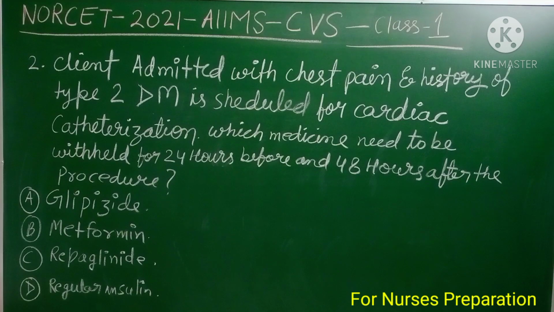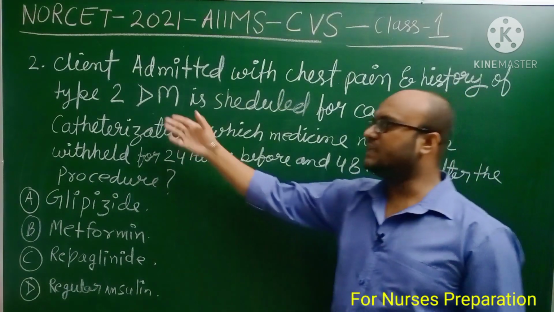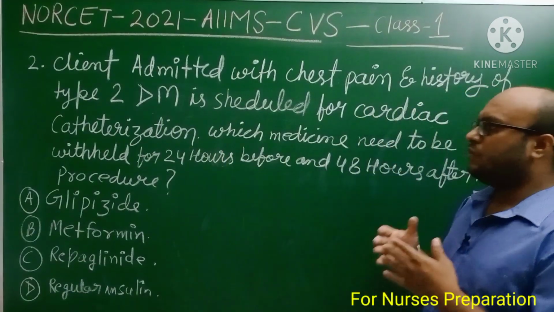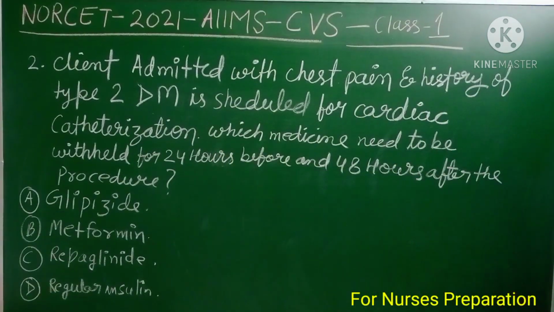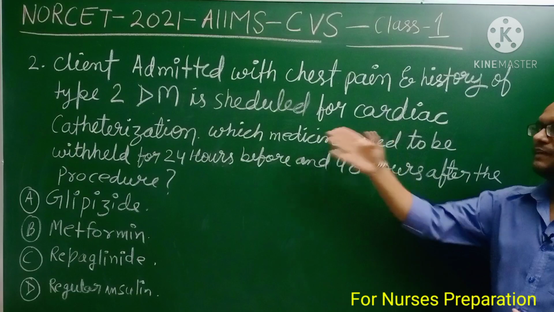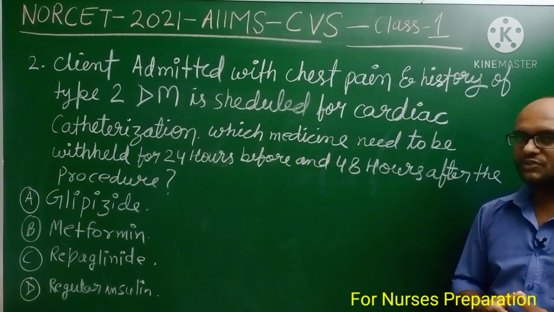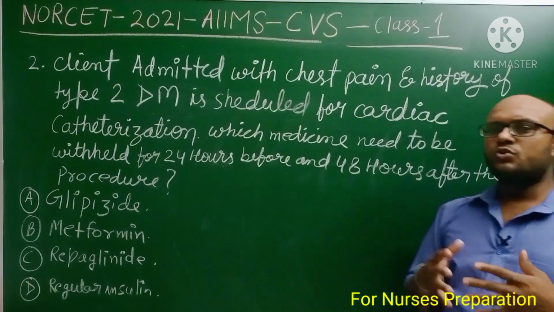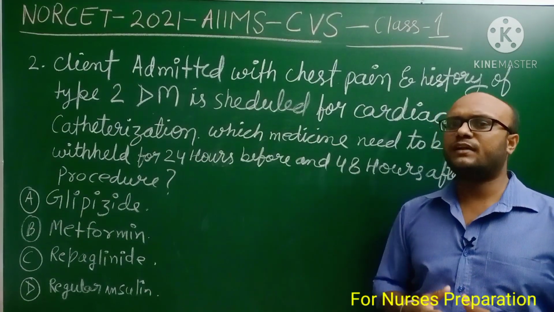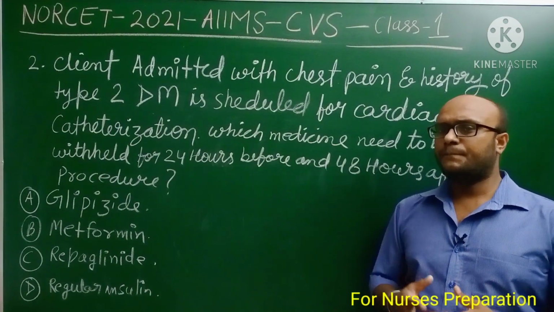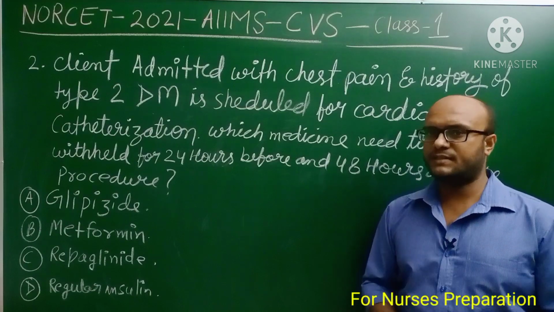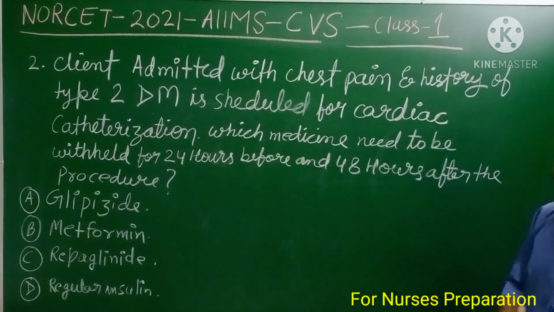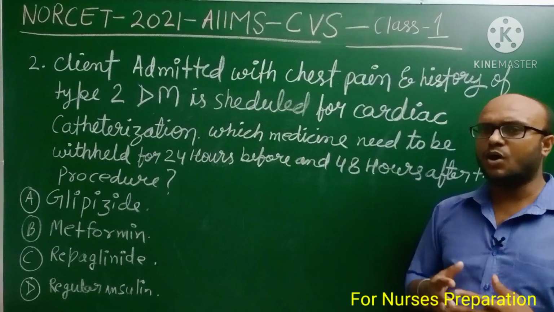After taking history, we found he is also suffering from type 2 diabetes mellitus. For diagnosis, we have to perform cardiac catheterization in this patient. Cardiac catheterization is mainly done to assess the heart's wellness or the functioning of the blood vessels near the heart. In this procedure, we insert a hollow tube.